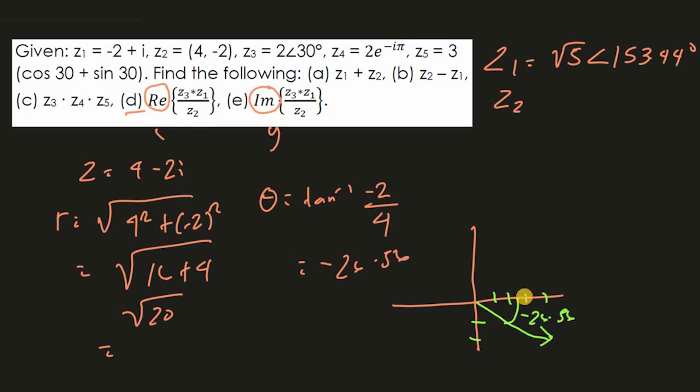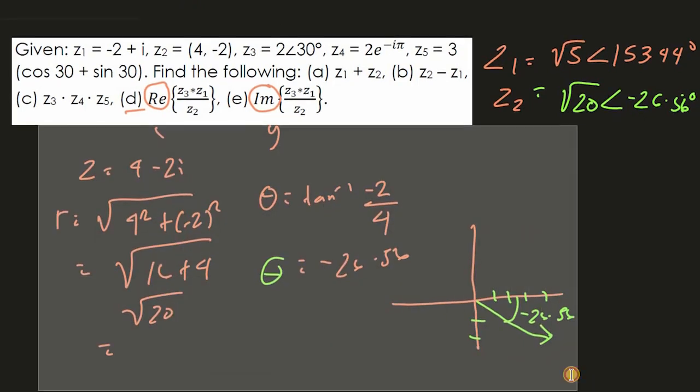Tama, andito siya. Negative kasi it's going clockwise. Kapag counterclockwise yan, that's positive. So this is our angle. Tama, ito na yung theta natin. So to rewrite it in polar form, it would be square root of 20 angle negative 26.56 degrees. Okay, guys?